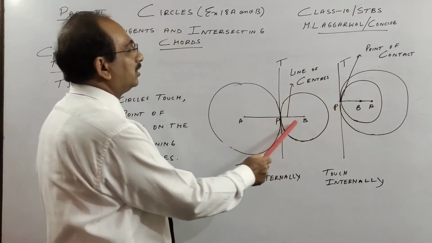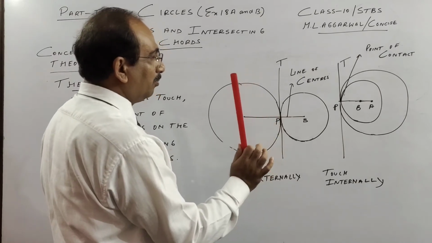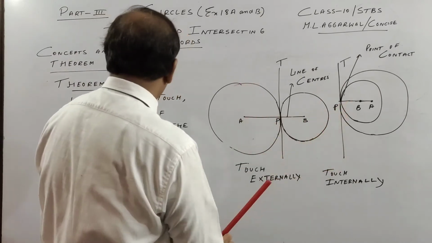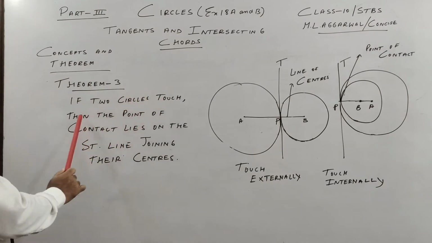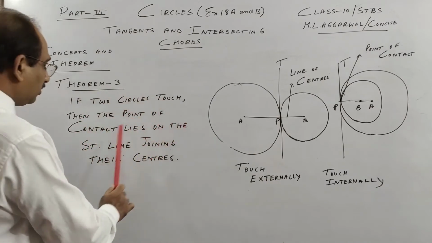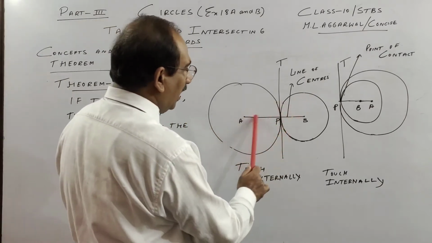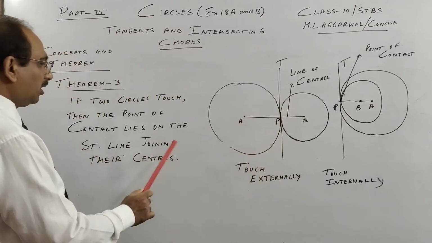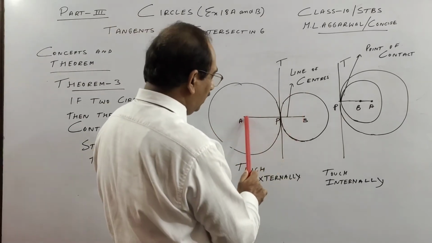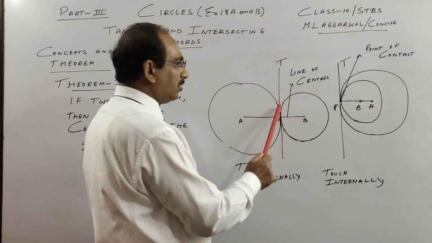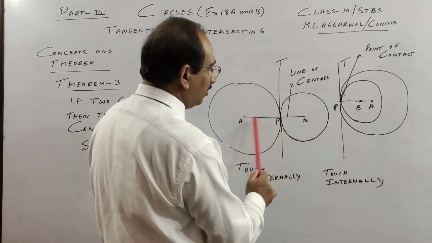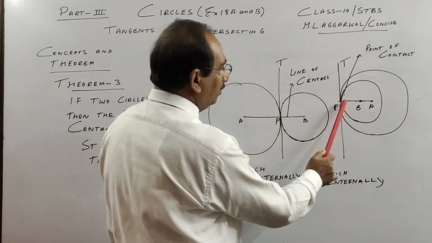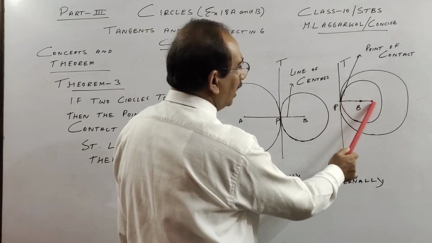So this is how they touch externally. Okay, one point of contact, and this is how they touch internally. So if 2 circles touch, then the point of contact lies on the straight line, which is called the line of centers, the straight line joining their centers. So AB, A is the center of this circle, B is the center of this circle. AB is called the line of centers. Okay, and PA is called the line of centers.